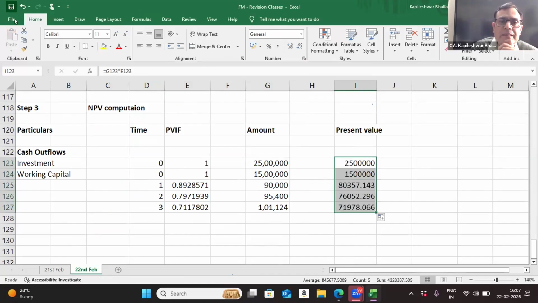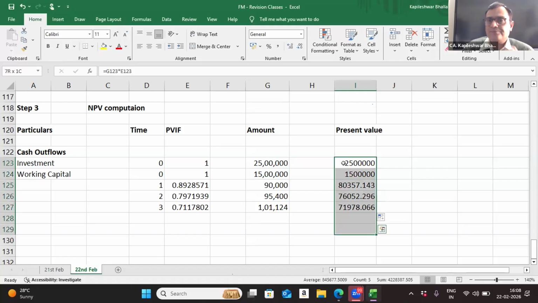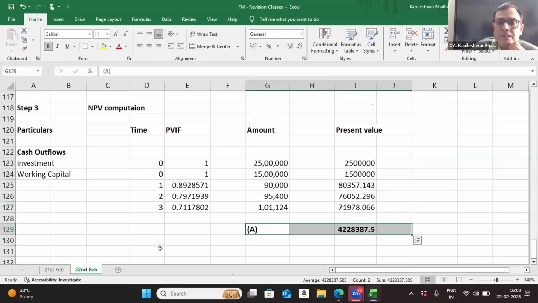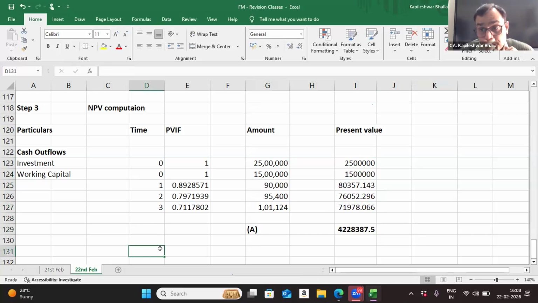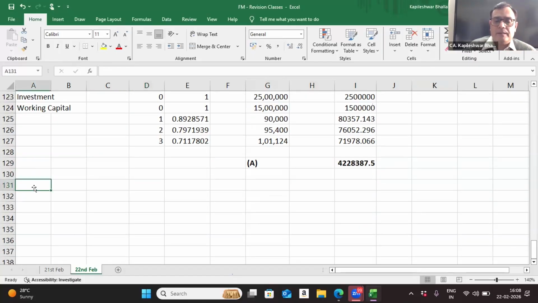So this gives me the data in present value terms. Good. I think that's all the outflows which are given. We can just add this up. This is the total, which we take as A. This is the present value of all the future cash outflows, discounting them at the time value of money.